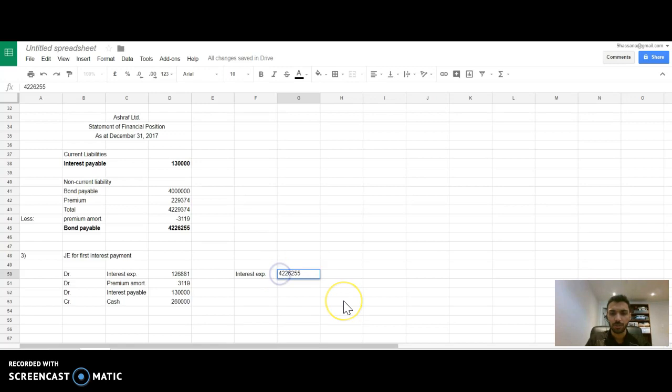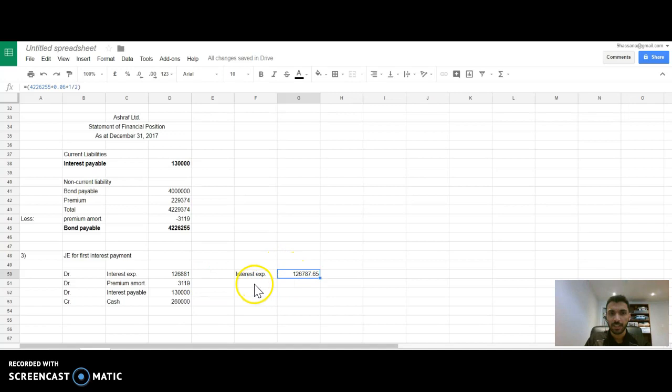And let's do this as a formula. We'd take that, we'd multiply it by our market rate, which is 6%, and then we'd multiply that again by half year, which is our time. And if we did that, what we'd see is our interest amount is 126,787, which differs from this interest expense, which is a little bit higher.